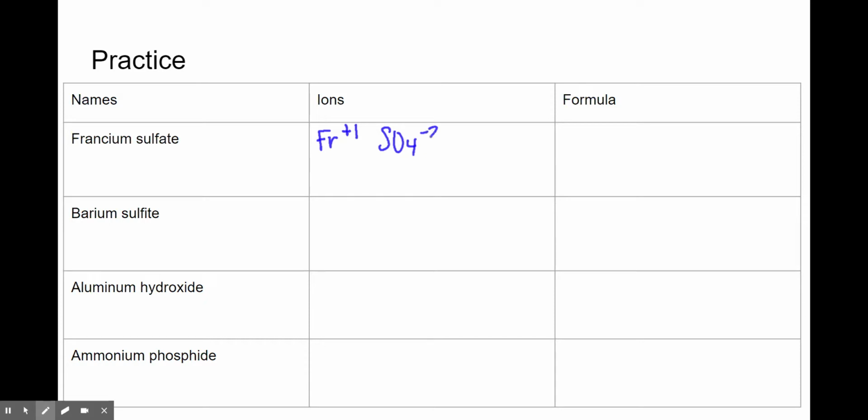SO4, and its charge is -2. And in my last column, I'm going to cross them down and write the formula. So it's Fr2, SO4. Stop the video, see if you can do the next 3 on your own.